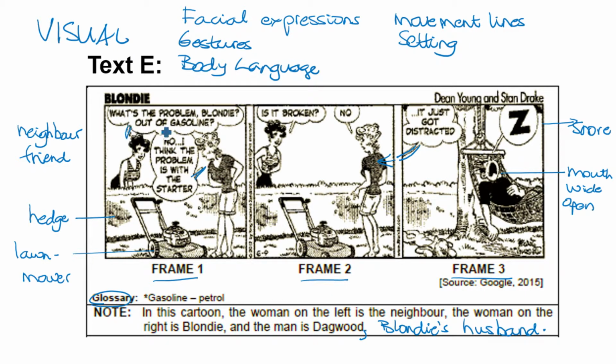You can even see with Dagwood, it's pointing in his direction. So it makes it a bit clearer for us to see who is speaking and where the words or sounds are coming from. Okay, so now we can take a look at the questions.